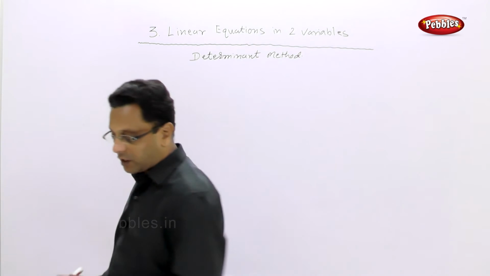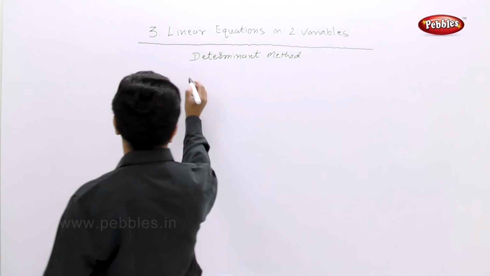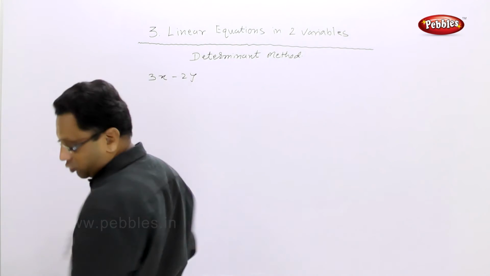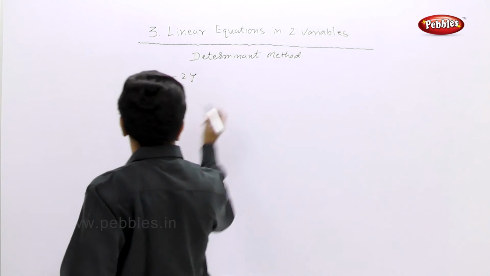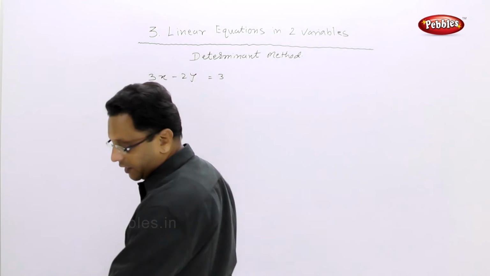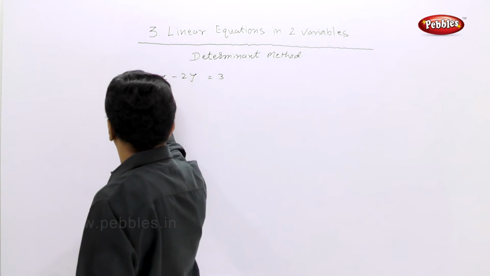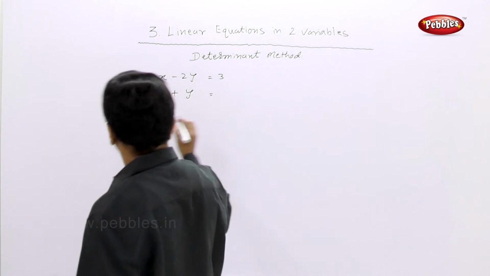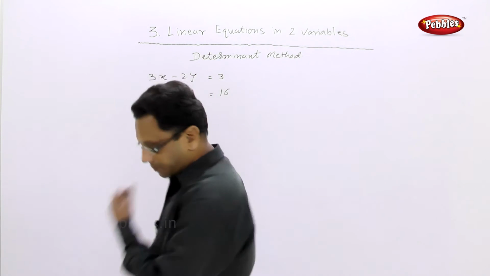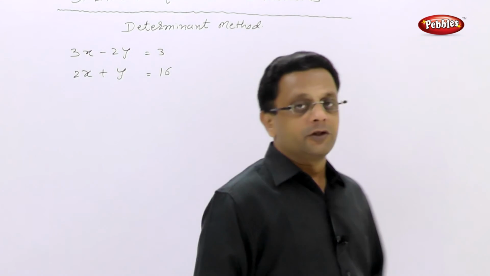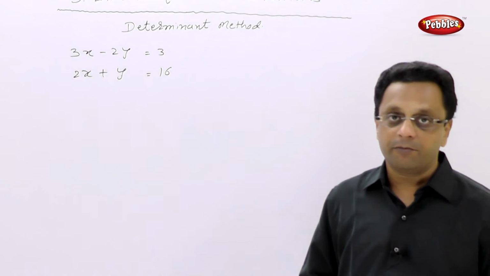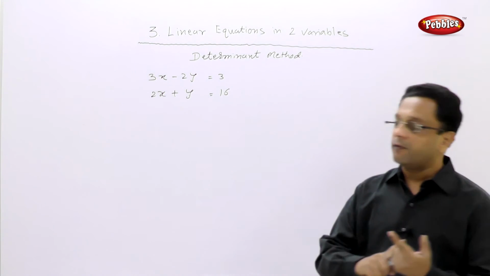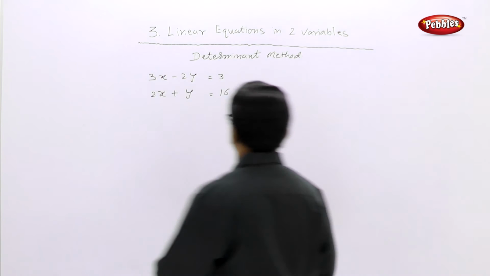The equations given are 3x minus 2y equal to 3, and the second equation is 2x plus y equal to 16. Now we have to solve these equations using Cramer's rule. How to solve them? We have to find D, Dx and Dy. Let us do that.